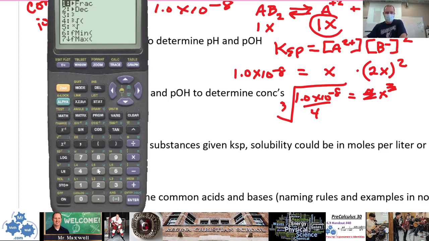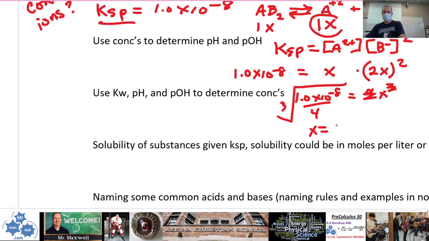Let's take the cube root of 1.0 times 10 to the negative 8 divided by 4. That should work if I type it in like that. Let's see, cube root, okay, 0.01357. X equals 0.01357. Somebody can double check that math here, make sure that worked out, you agree with that.